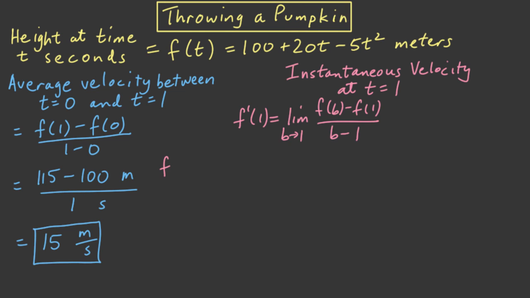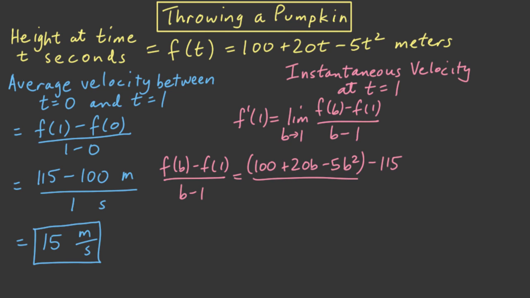So let's see what we can do to simplify this expression that we're taking the limit of. So f of b minus f of 1 divided by b minus 1, when we just plug these things into our formula for f, we get f of b is 100 plus 20b minus 5b squared. And then we're subtracting f of 1, which is 115. All of this is over b minus 1.